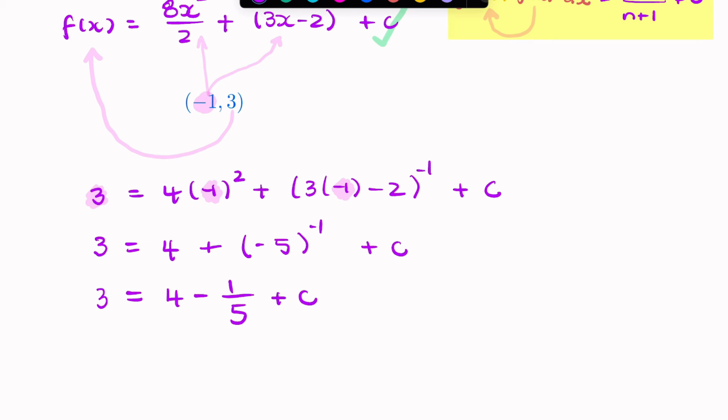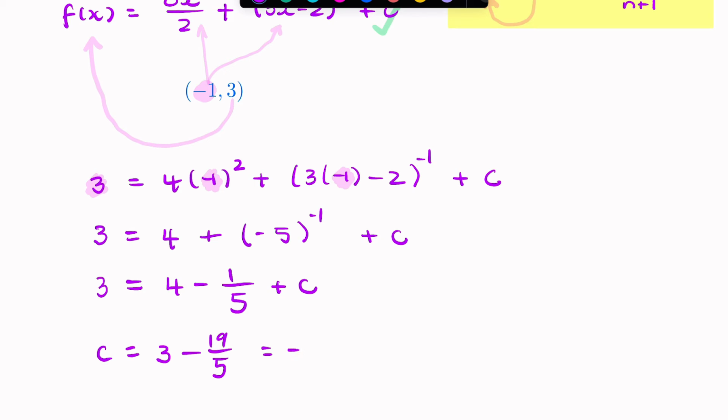So we can now say c equals 3 minus 19 over 5 equals negative 4 over 5. So now we've found the value of c.